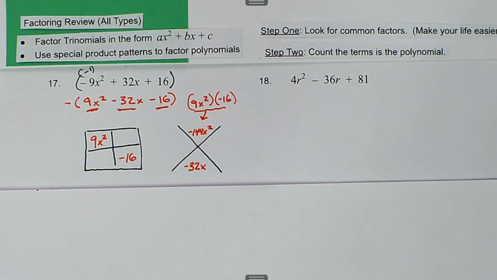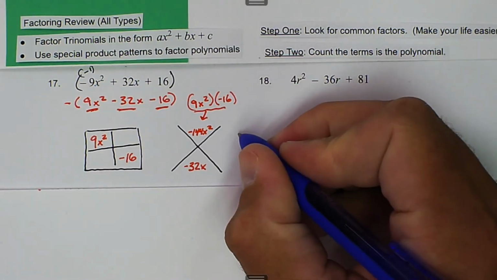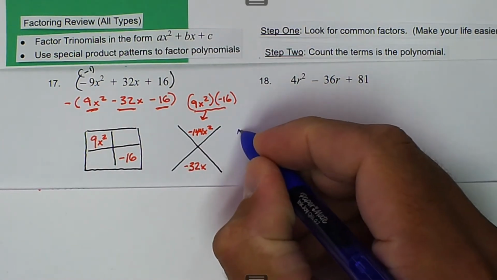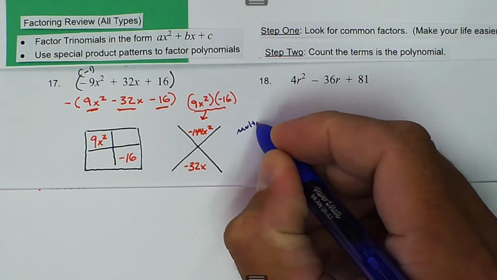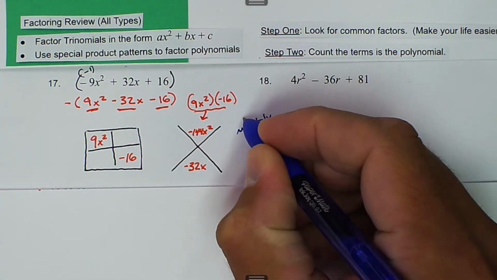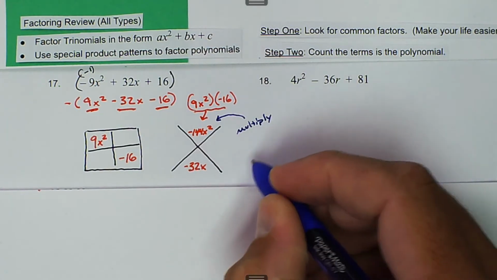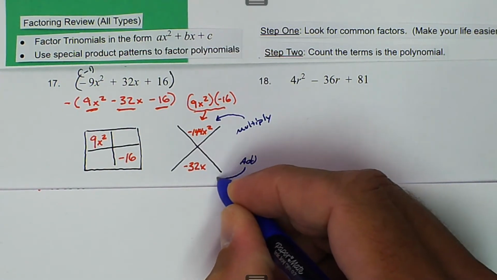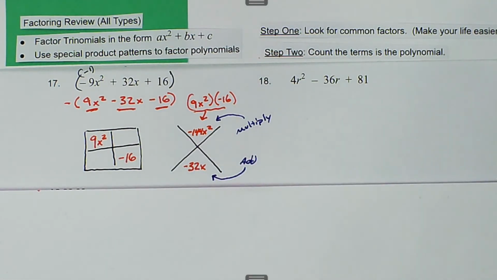Now we need to come up with two numbers. The numbers that go here and here have to multiply to get negative 144x squared, and then they have to add to get negative 32x.